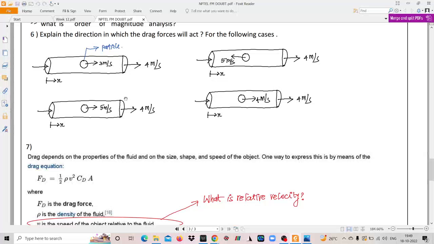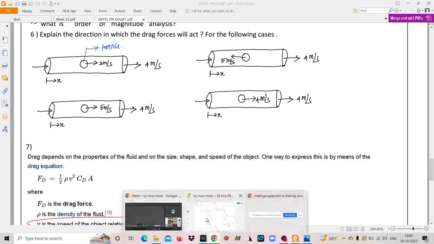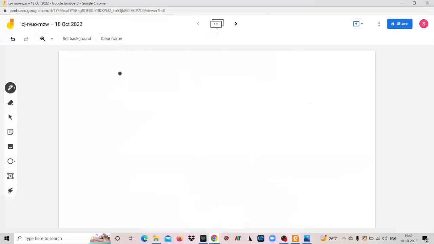You will feel as if you are moving backwards. Forget the fluid. Say you are moving at 3 meter per second and I am moving at 4 meter per second. Say you are Ragul R and I am Shubhranshu S. Both of us started from this starting line.